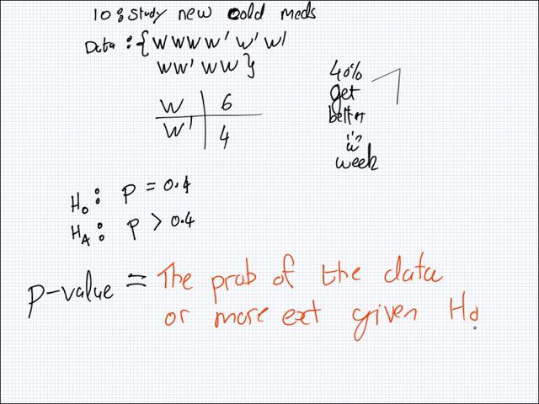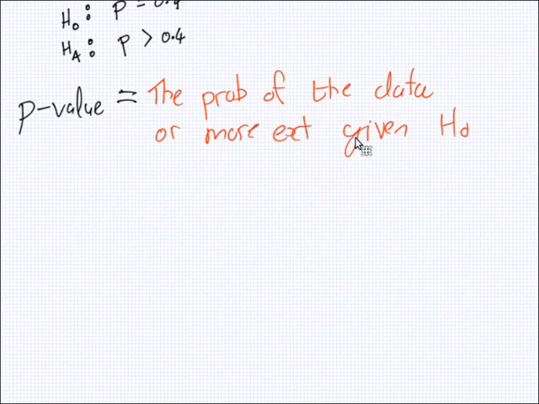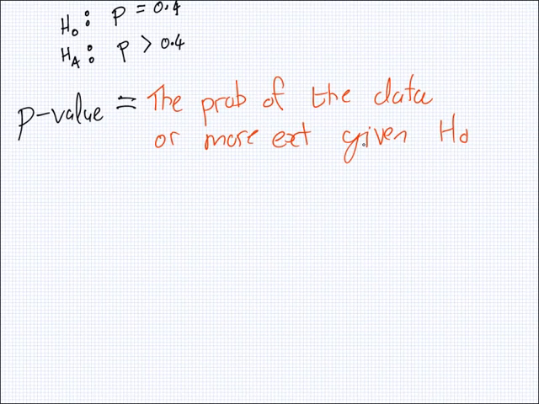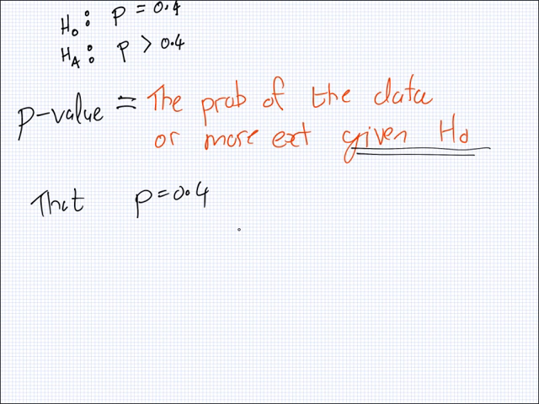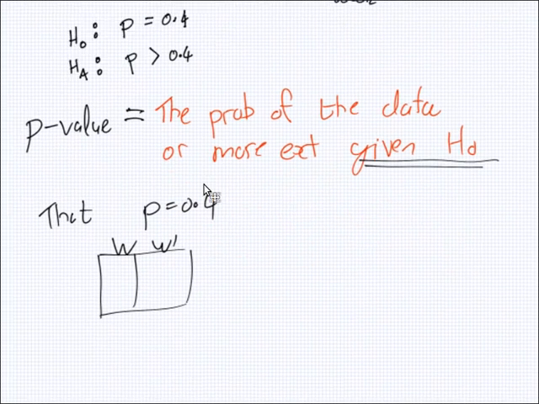Can I scroll down? I'll show you how to calculate this. We start backwards here. Given the null hypothesis, imagine that it is true that P is actually 0.4. We want to calculate the probability of getting 6 and 4.